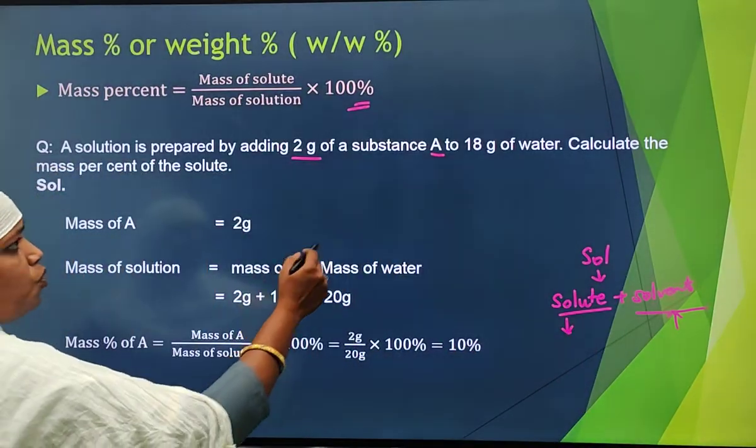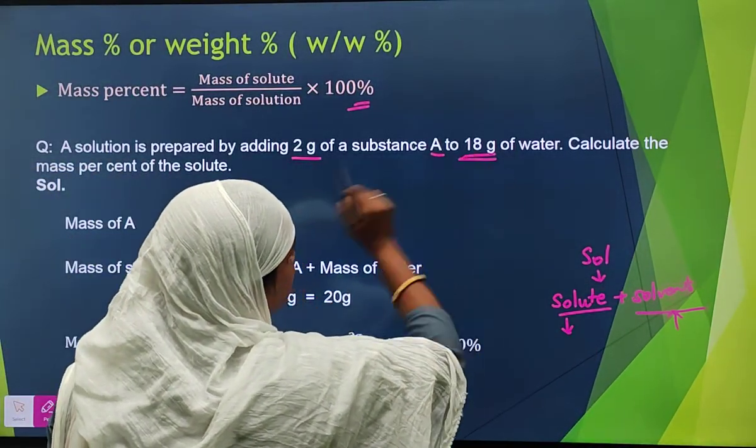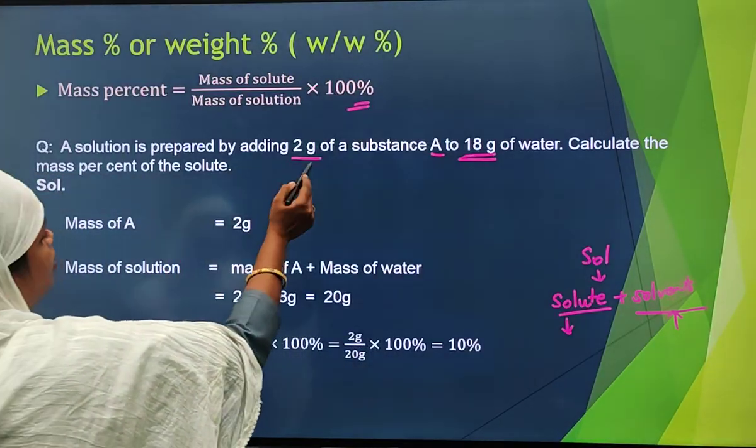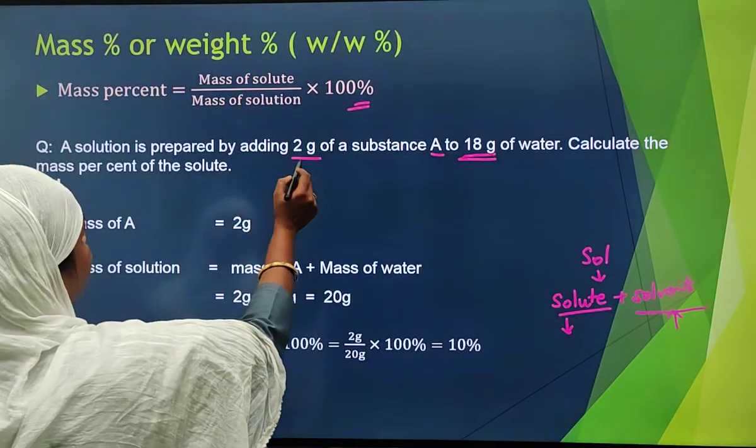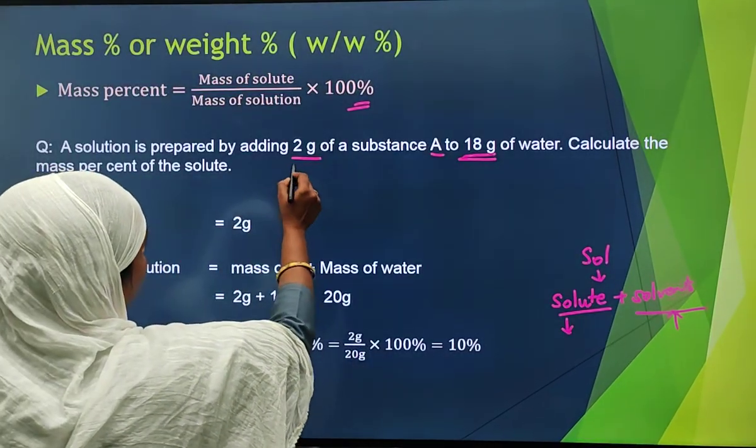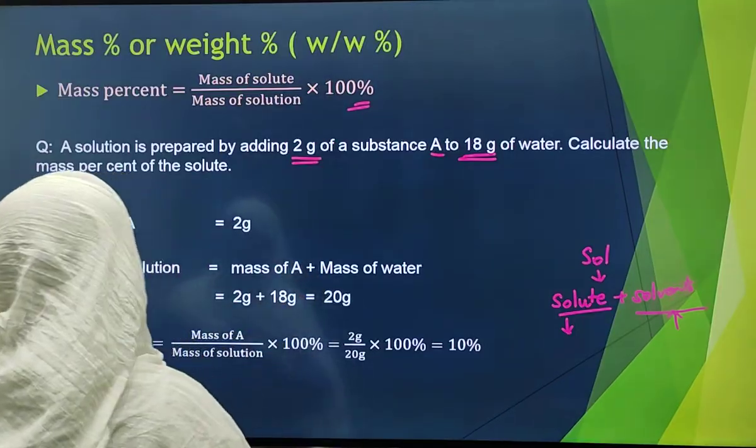So water is present in a larger amount, so this is our solvent, and substance A, it is 2 grams, so this is our solute.